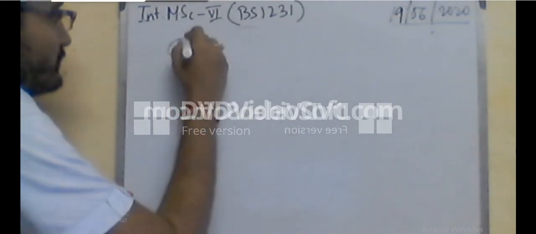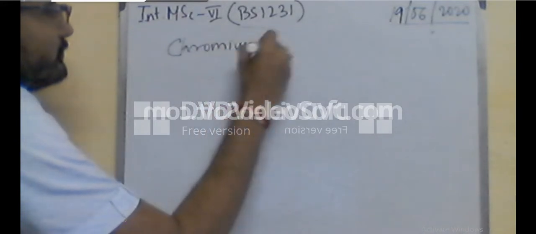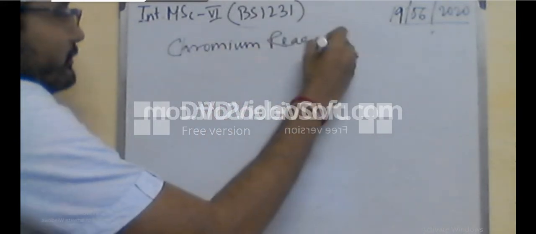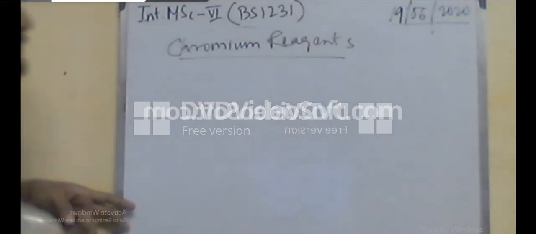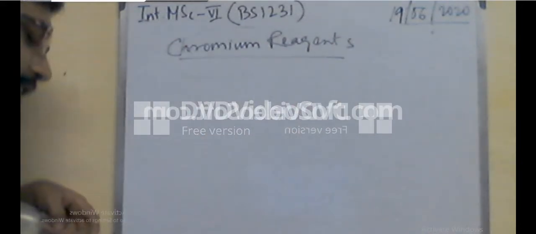In chromium reagents, our target is, generally you know what is oxidation and reduction. Simple: oxidation means the increasing of the oxidation number, that means increasing of the valence, and reduction is the reducing of the charge or the reducing of the valency.